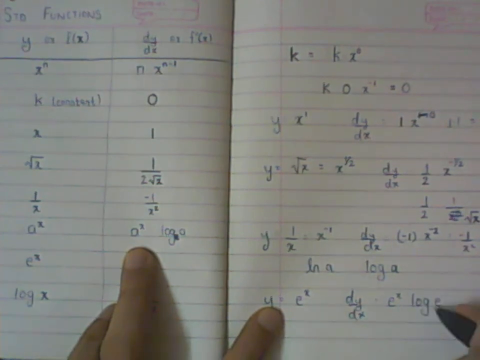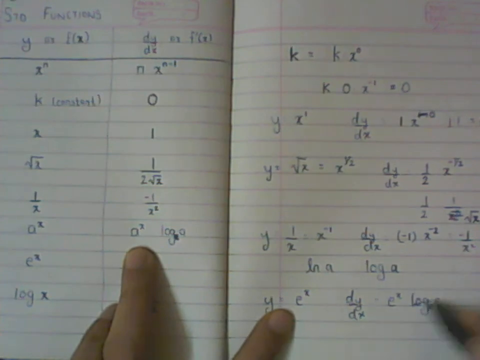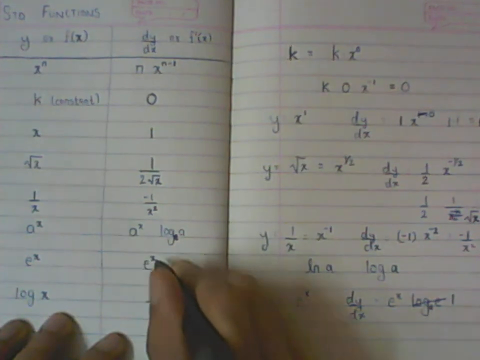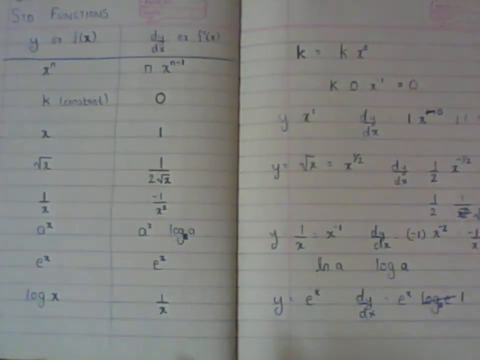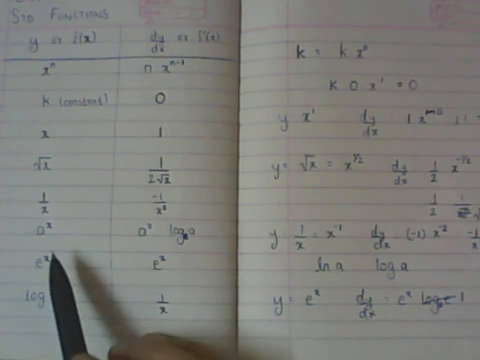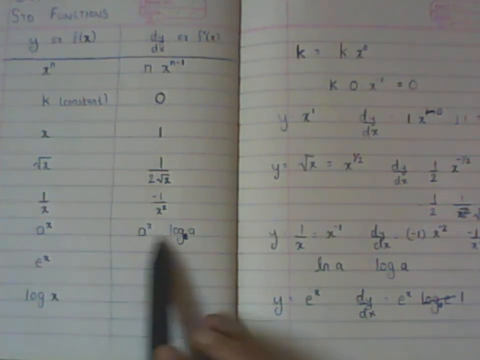Now since log of e to the base e is just 1, I can get rid of that. So this is just e raised to x. So yeah, you get the very famous derivative that the function e raised to x has itself as its derivative, and it also comes from this general technique.